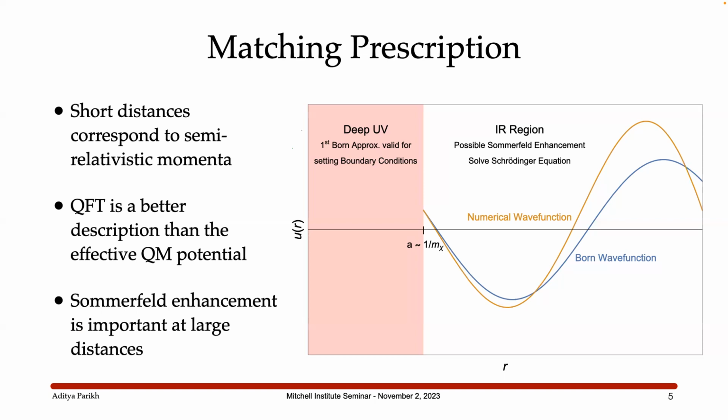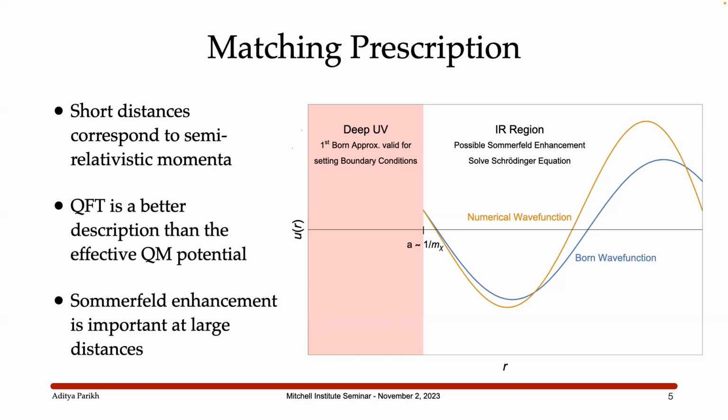One of the hidden assumptions that I'm making here is that in this region over here, you don't have any significant Sommerfeld enhancement. And so you really can approximate it as a tree level scattering, which corresponds to taking momenta to be larger than the coupling alpha.